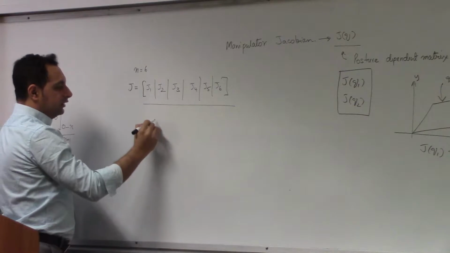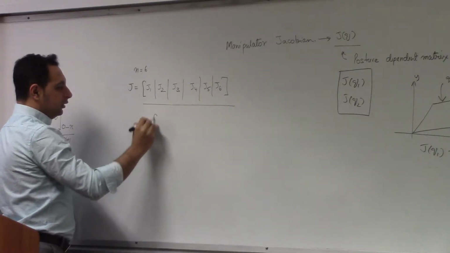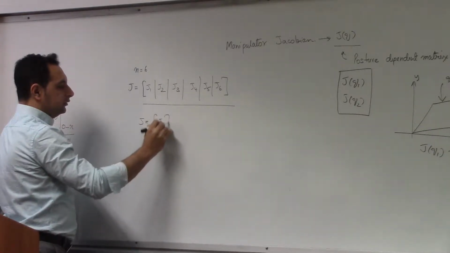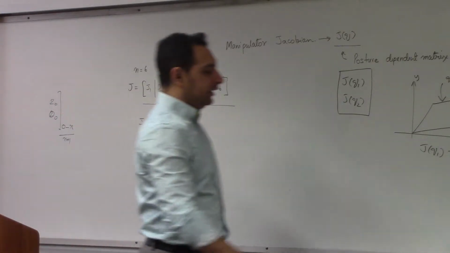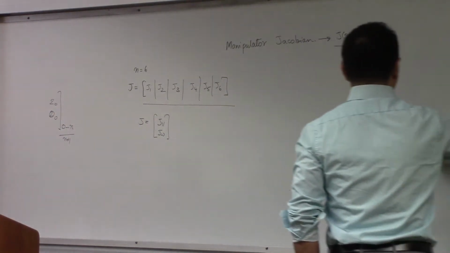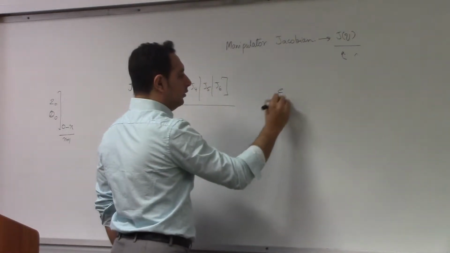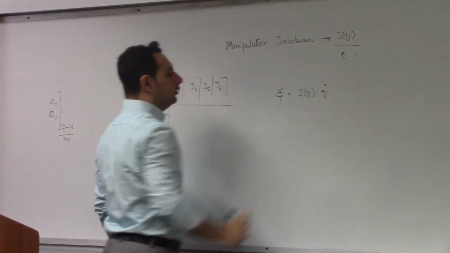Now, if you look at this, we also know that J is equal to JV and J omega. So, you can write this as eta will be equal to J of Q times Q dot.